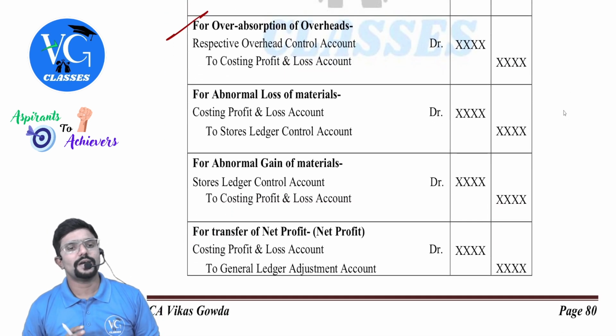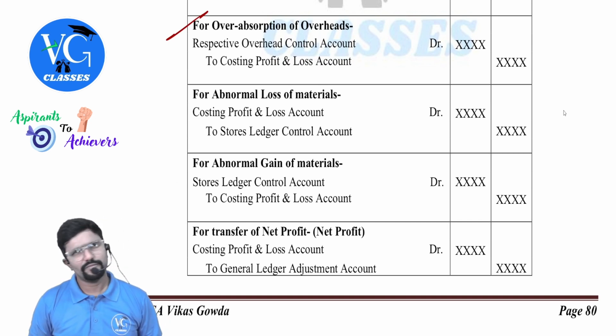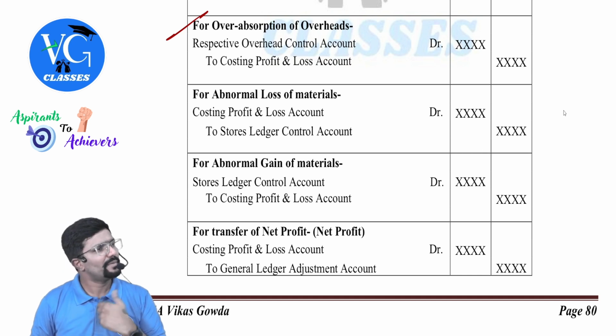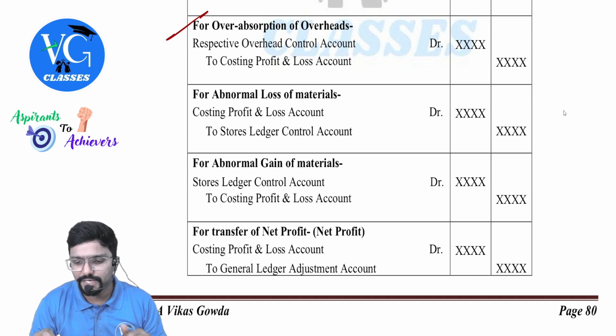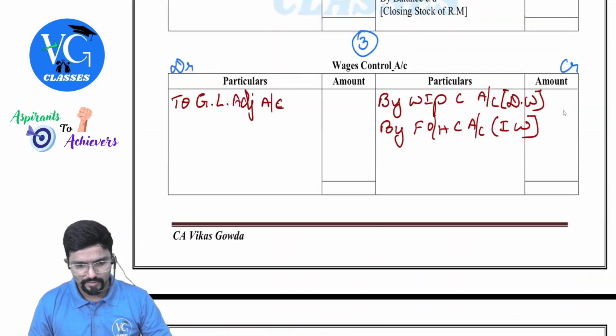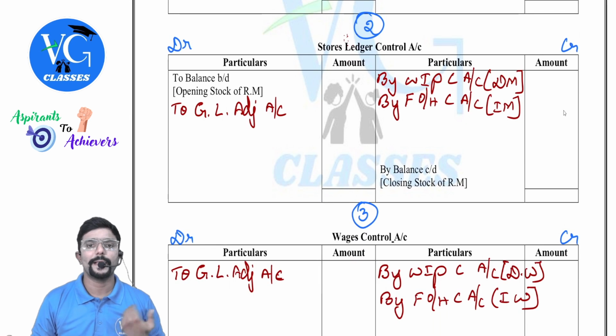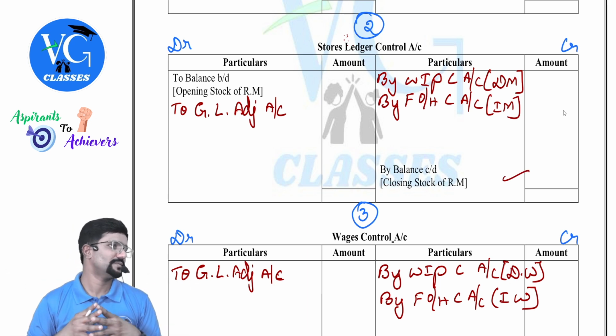Next, abnormal loss of materials or abnormal gain of materials. Very rare cases it can come, but if it comes, let me explain with an example. Guys, assume even after considering closing balance, there is still some balance, either on debit side or credit side.